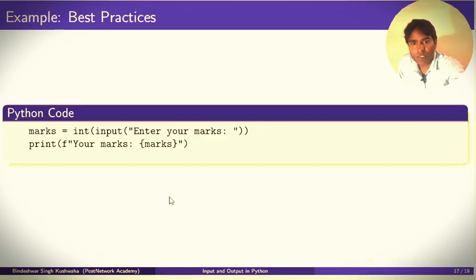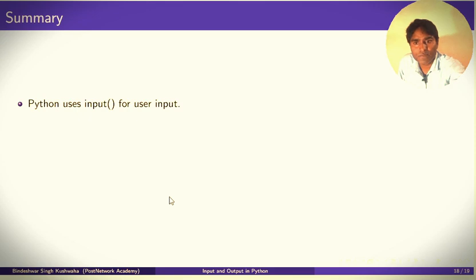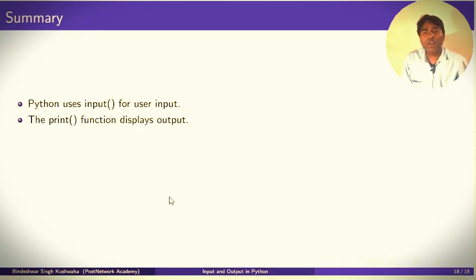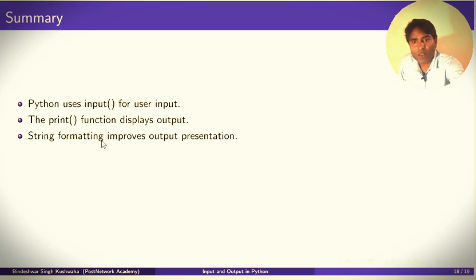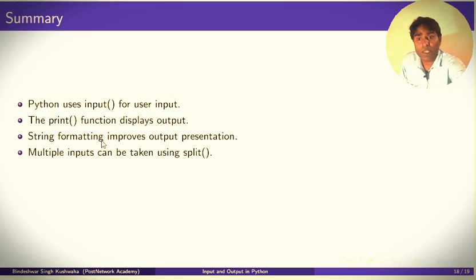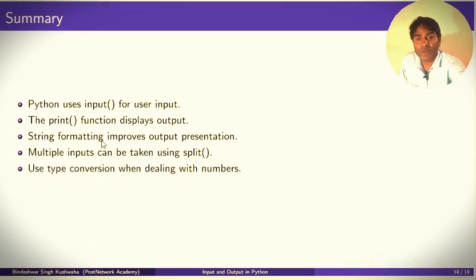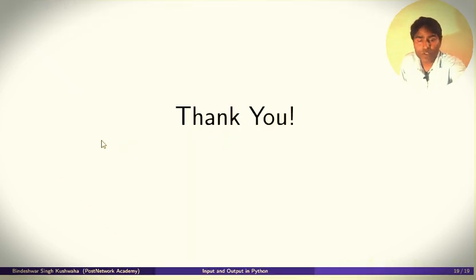So here are examples. What we have learned: Python uses input for user input, the print function displays output, string formatting improves output presentation, multiple inputs can be taken using the split function, and use type conversion when dealing with numbers. So I hope you understood the concept.